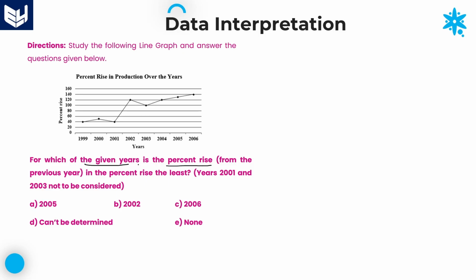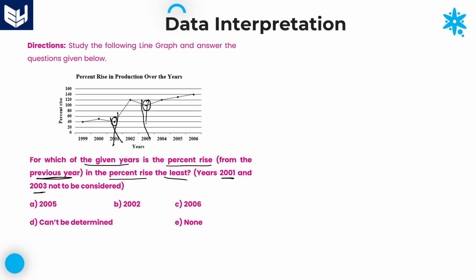In brackets, one piece of information is given, which is 2001, 2003 not to be considered. These values should not be considered.